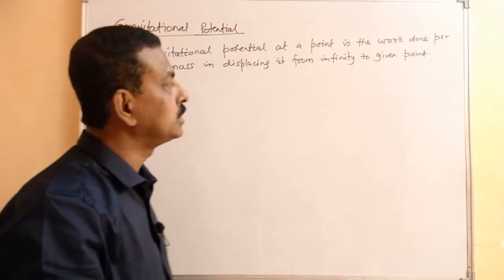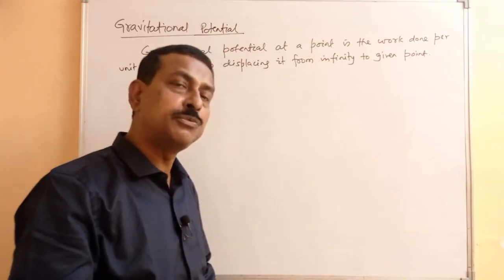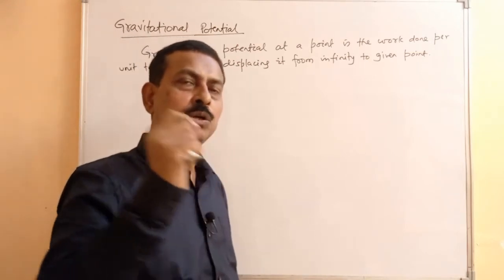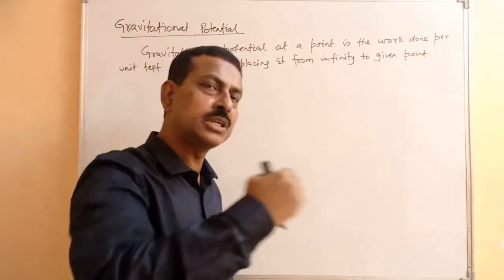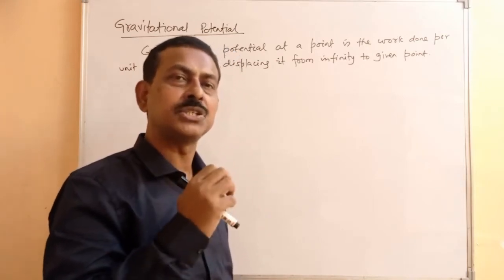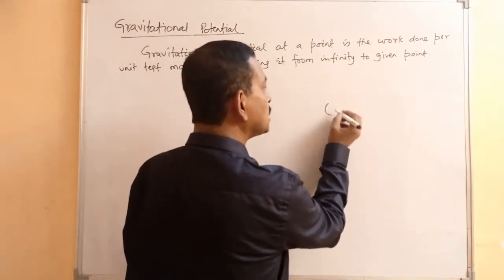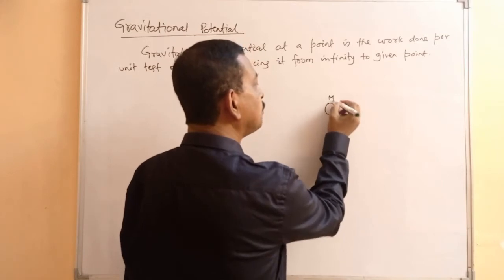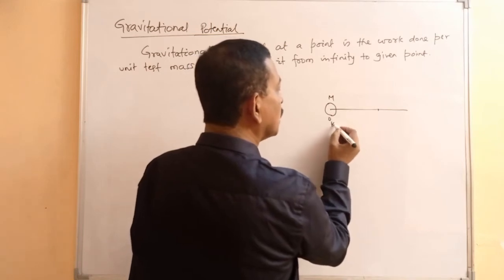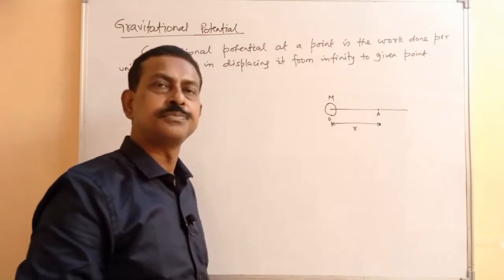Gravitational potential at a point is the work done per unit test mass in displacing it from infinity to the given point. You take a test mass, you displace it from infinity to the given point. Whatever is the work done per unit test mass, that will be the gravitational potential. So here, suppose our source mass is capital M and I want its gravitational potential at a distance r from it.